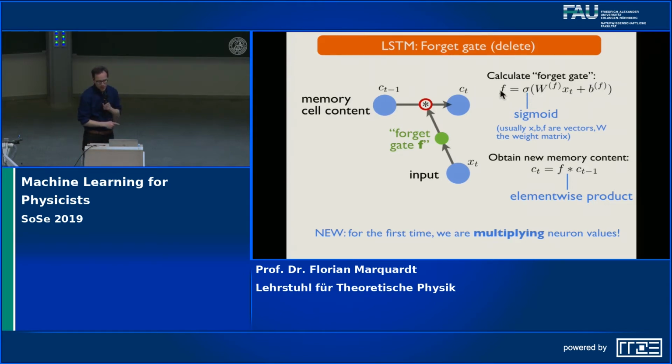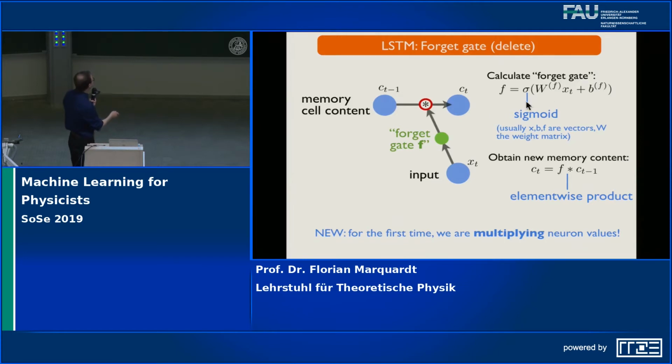The good way of writing it in this way is also I can now generalize easily. If my input consists of many input neurons, as it will be in many neural networks, then I could also have many forget gate neurons and many memory cells that I will consider.